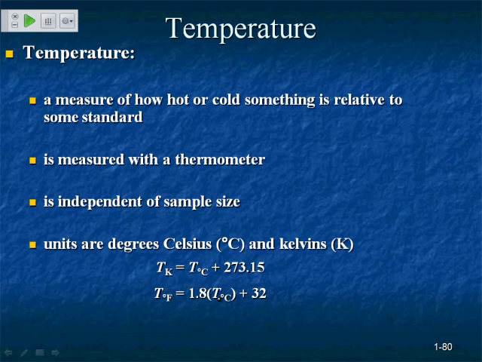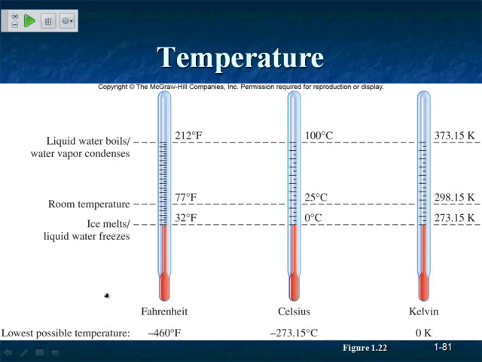If a temperature is given in degrees Celsius and you want to convert that to Fahrenheit, multiply that temperature by 1.8 and then add 32. Here is a picture which gives you all 3 scales and the relationships. This should make it clear to you.